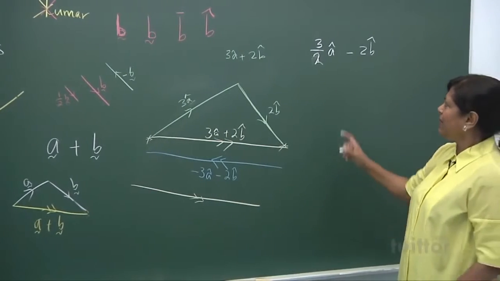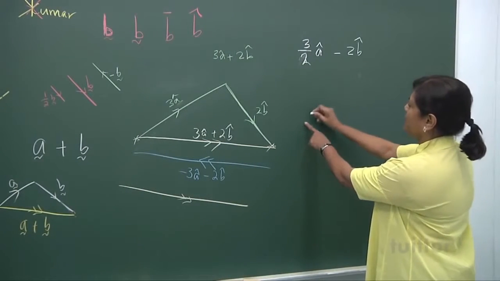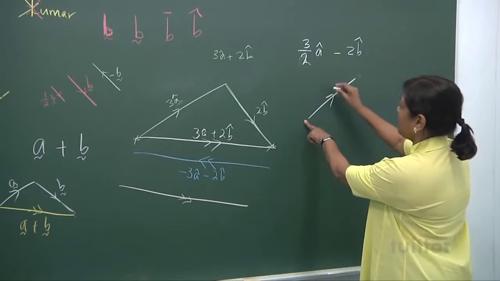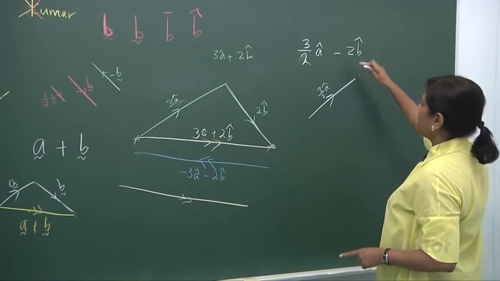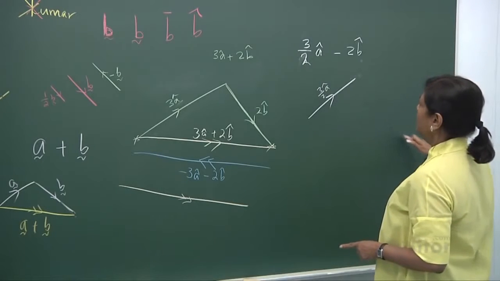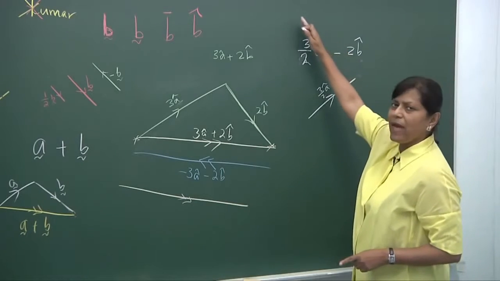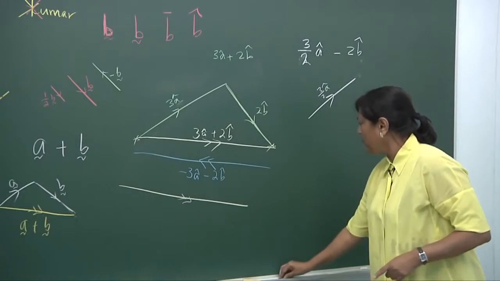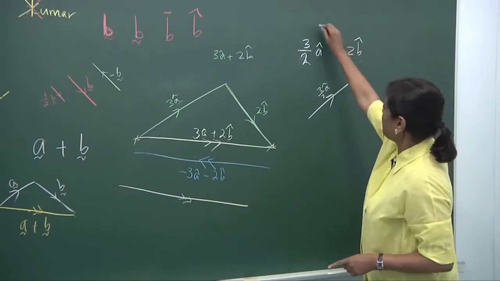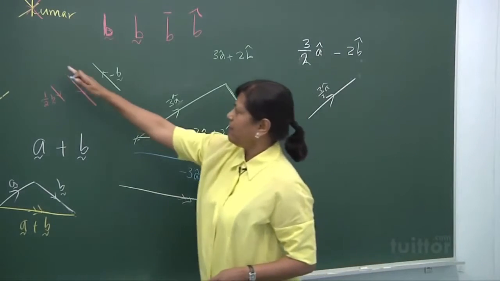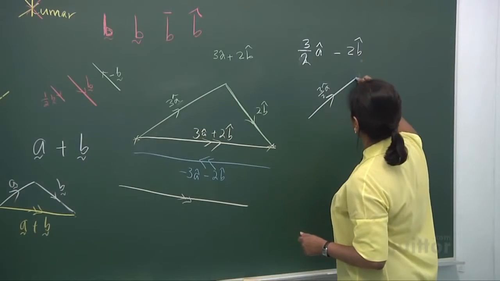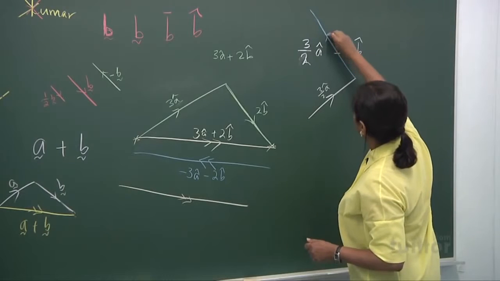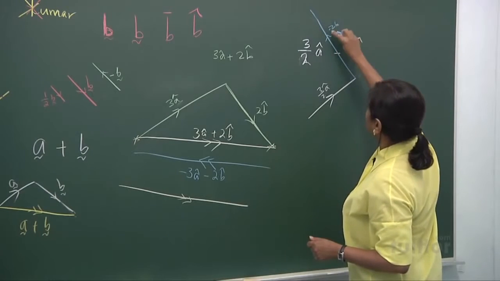You look at A and it's in a positive direction, so it goes this way, that's 1.5A, minus 2B. B is going this way, so your minus will go that way. Look at the direction of B. The B is this, so minus 2B will be that way. So I draw a minus 2B that way. Alright, that's a minus 2B.